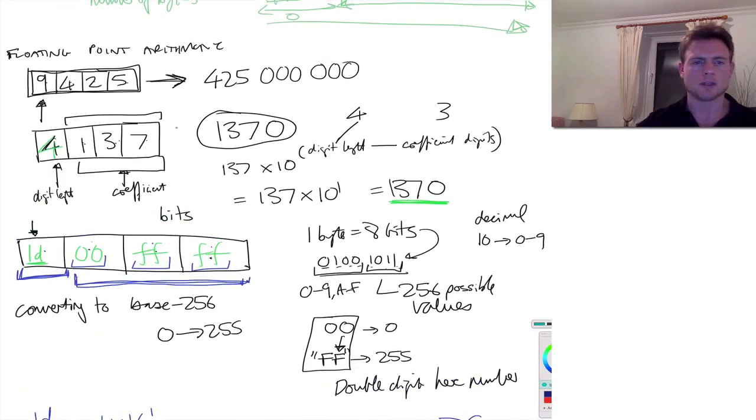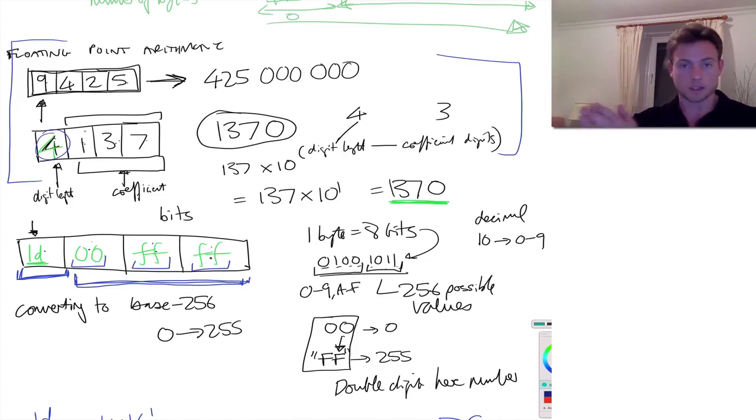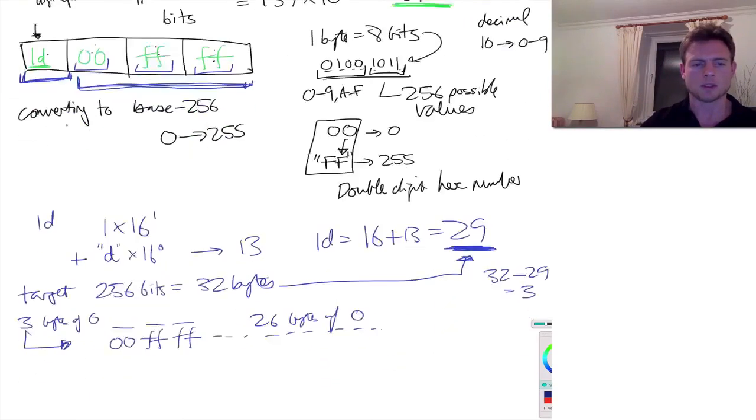If you're confused, just keep going back to the earlier example, where we allowed 4 digits for our decimal number, and the leading digits, with everything else 0, are 137. So 137, and then everything else is 0, padded out to 4 digits. It's exactly the same thing here.